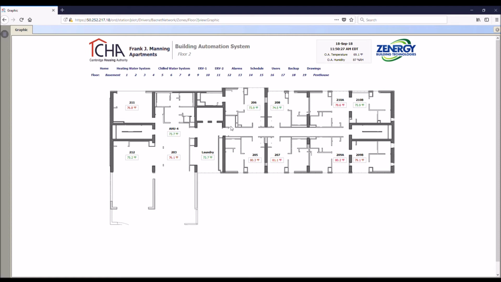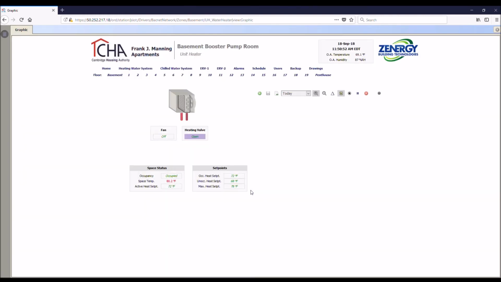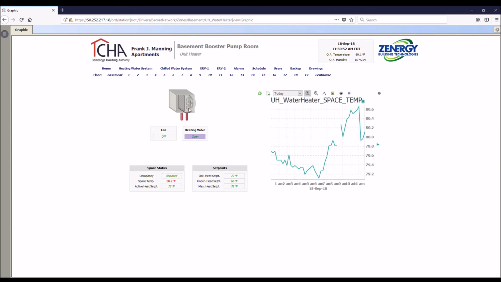We'll talk about the air handlers, the 5 AHUs, in a second. I'm just going to wrap up this other device talk here. Go down to the basement. Some different zones that we have are for unit heaters. So for that booster pump room, we're using that colored thermostat, the AppStat, to control a unit heater.